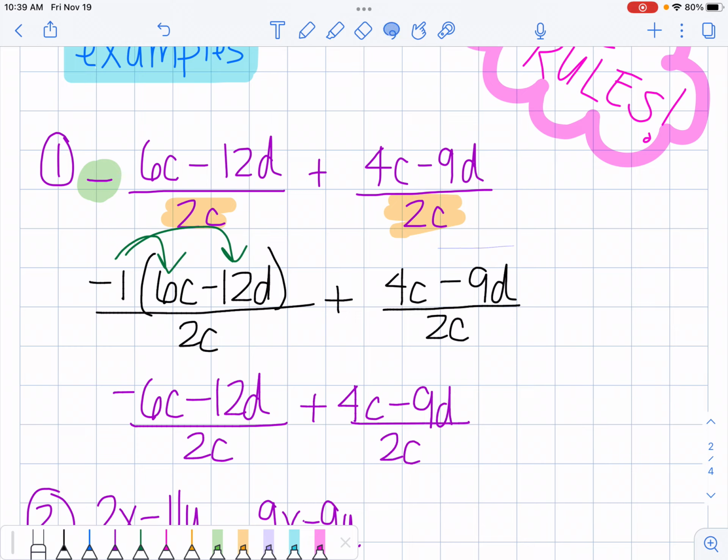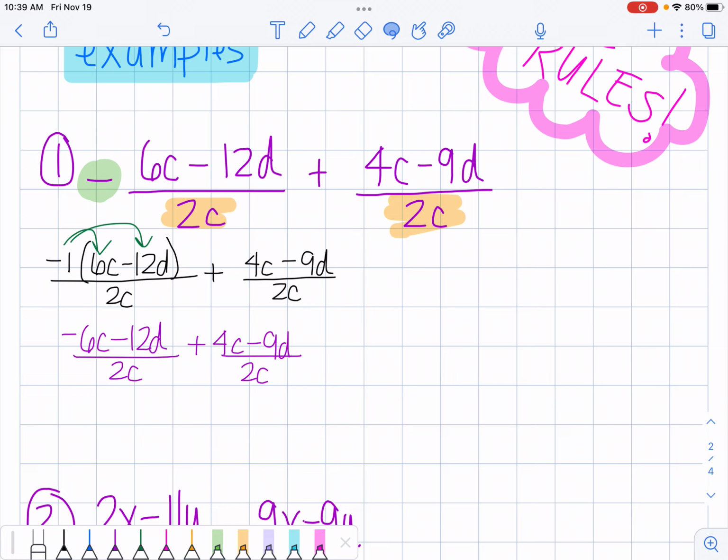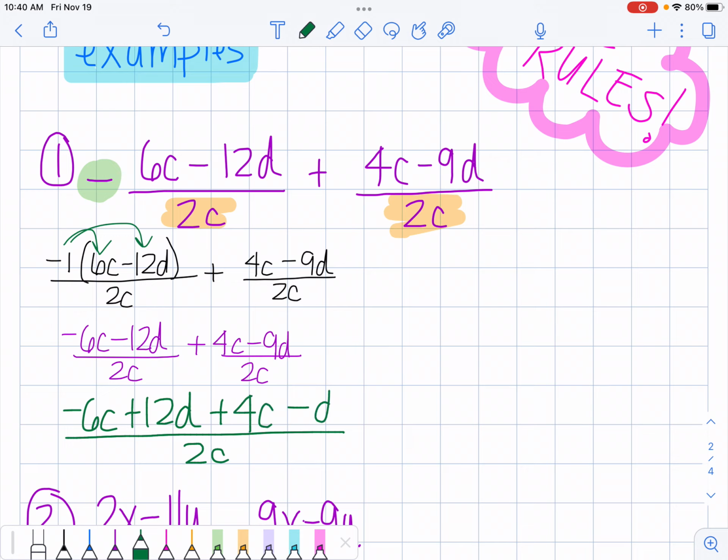My denominators stay the same. I'm going to shrink this down a little bit so I don't run out of space here. Because they're 2c for both of them, I'm going to make one big fraction, and I'm going to write the whole thing that I'm adding together. I'm going to combine the numerators together. So I have -6c plus 12d plus 4c minus 9d.